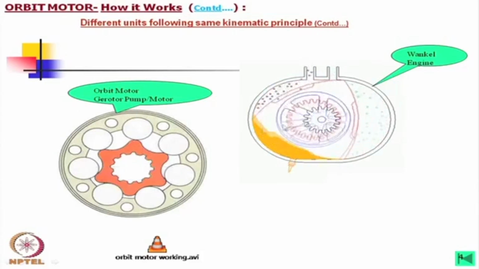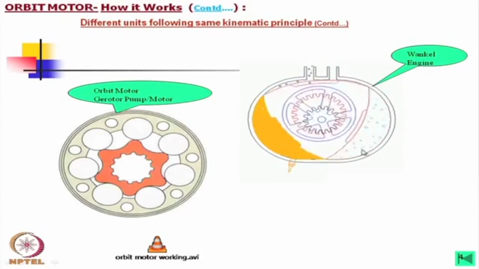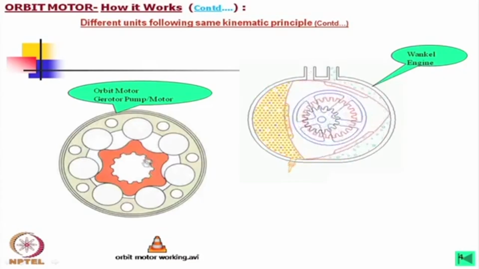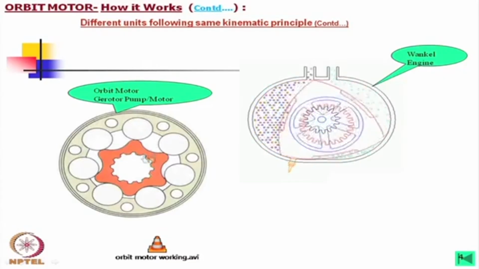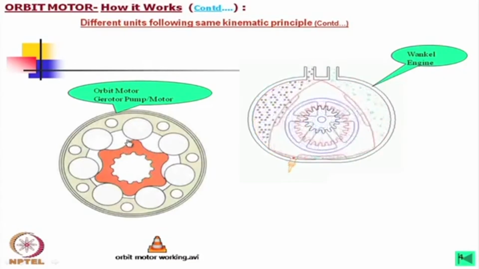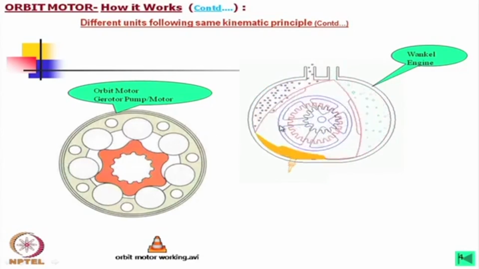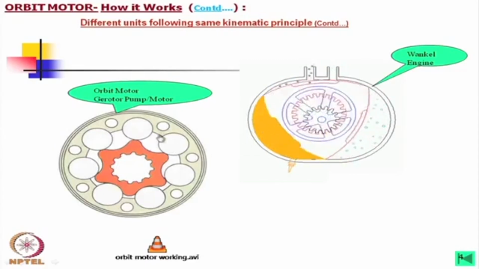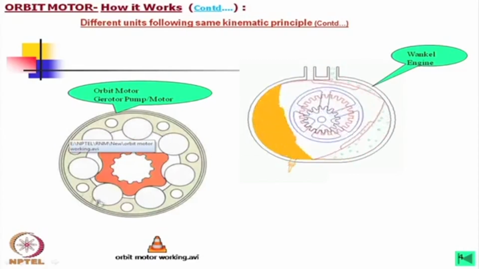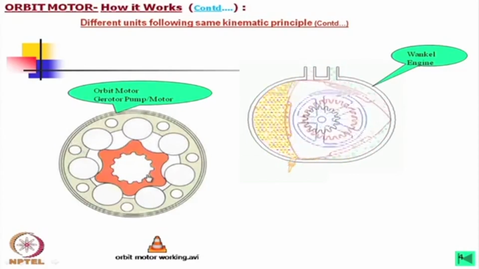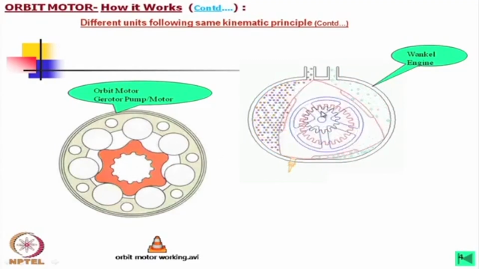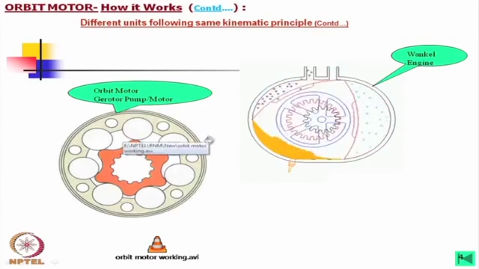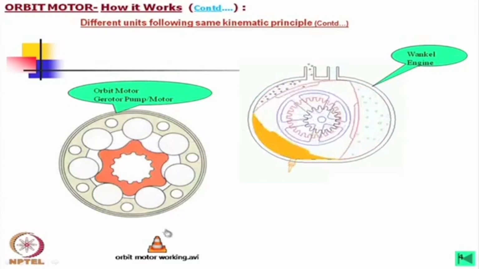Also, in this case, the outer member is fixed, the inner one is rotating. In this case also, we will find similar action, but the difference is that in the Wankel engine it is outside 2 lobes, inside 3 lobes. In this case, outside 7 lobes, inside 6, 1 less, whereas there it is 1 more. I shall come later to why it is like that, but let us see what is happening there.